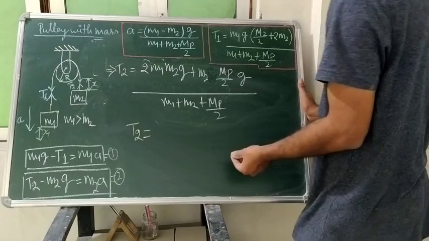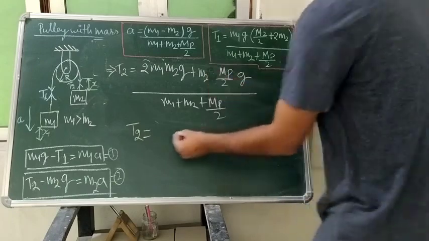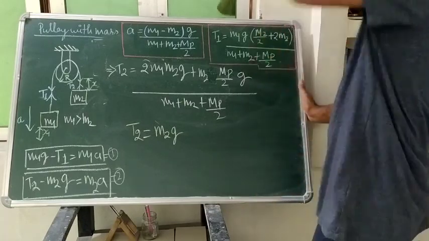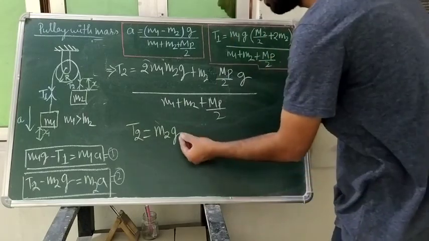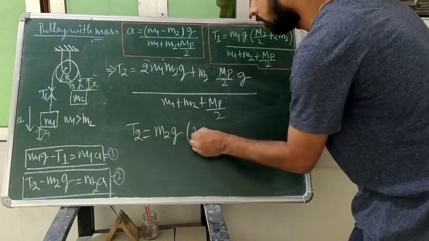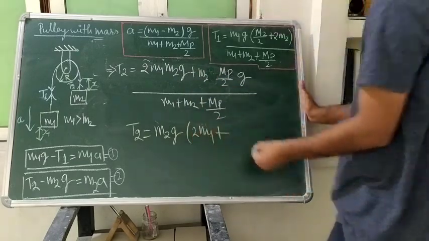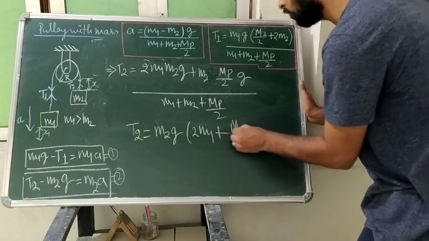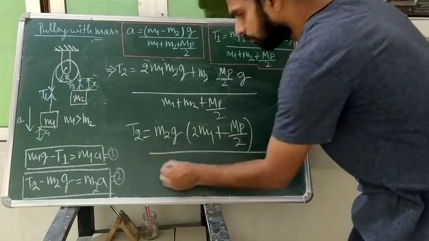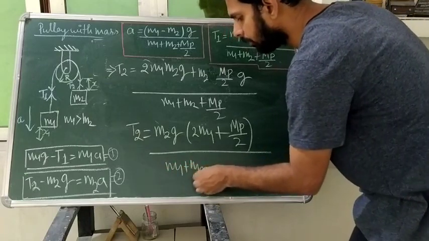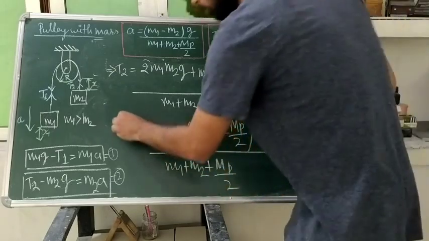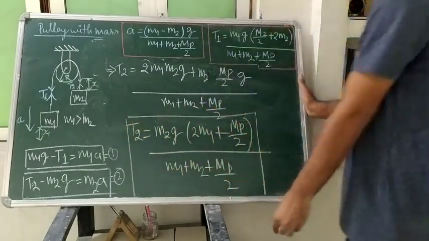Twice of that, no, not twice, m2g you can take as your common, and when you take m2g as your common, student, what you will get? m2g times (twice of m1 plus mass of that pulley divided by 2) divided by what? m1 plus m2 plus mass of that pulley divided by 2. These expressions we will get here.